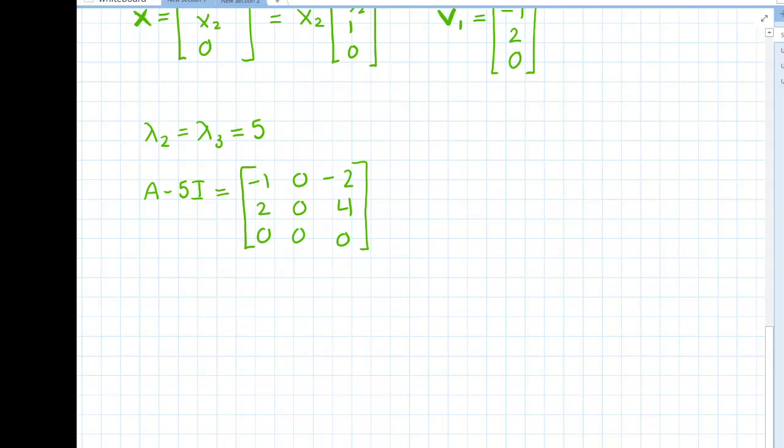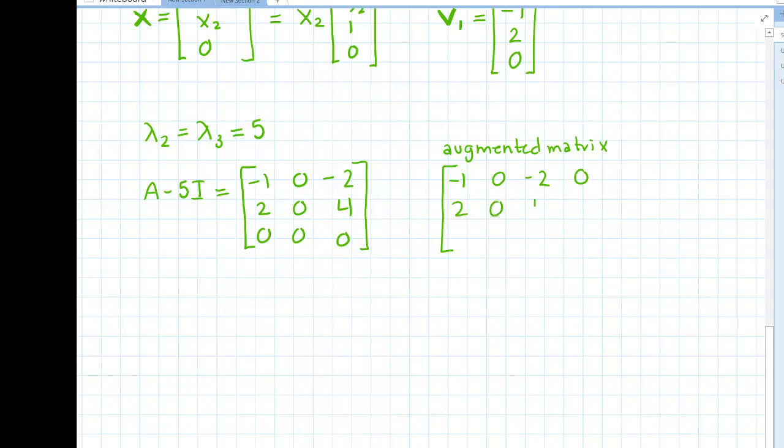And so we're trying to solve this matrix times x is equal to 0, so that means we can write down an augmented matrix and reduce that. So our augmented matrix would be negative 1, 0, negative 2.